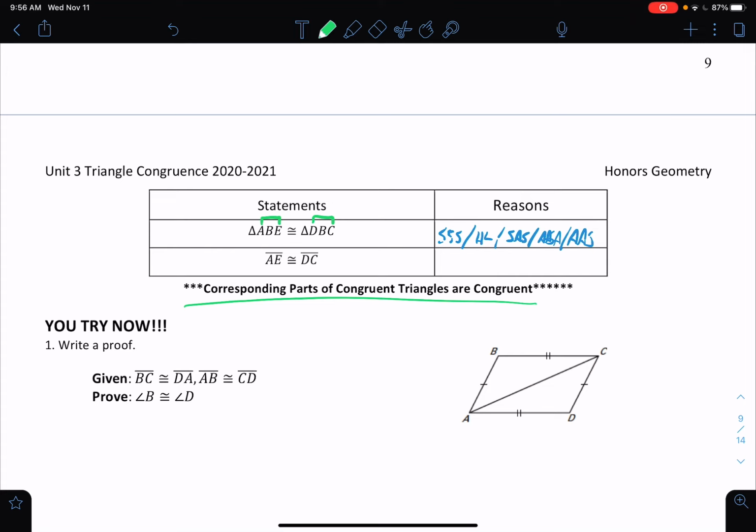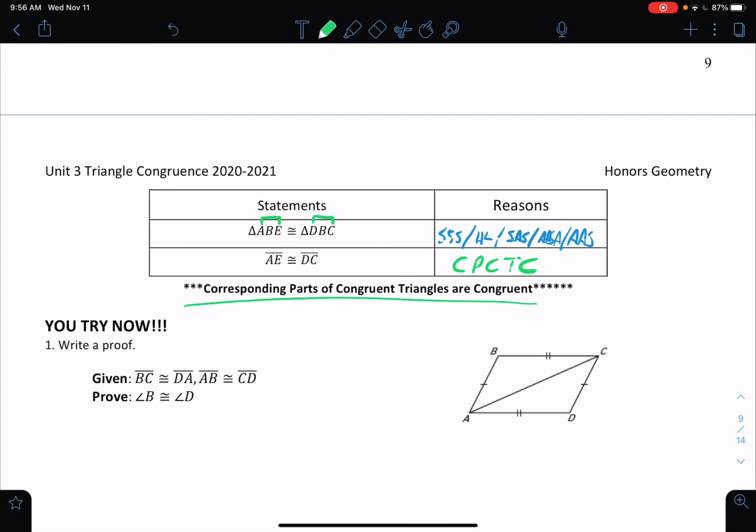All right, it's wordy. The corresponding parts of congruent triangles are congruent. I'm not going to have you write that out every time. You can abbreviate it. We commonly refer to it as CPCTC. Corresponding parts in congruent triangles are congruent.